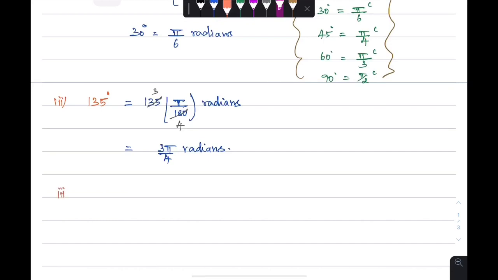So now let's do the third question. It is minus 205 degree, children. So we all know if it is a negative angle, it means you're measuring with respect to clockwise direction. Positive angles are generally measured in the anti-clockwise direction. So here minus 205, the same way you can convert it to radians, like 205 into pi by 180, children.